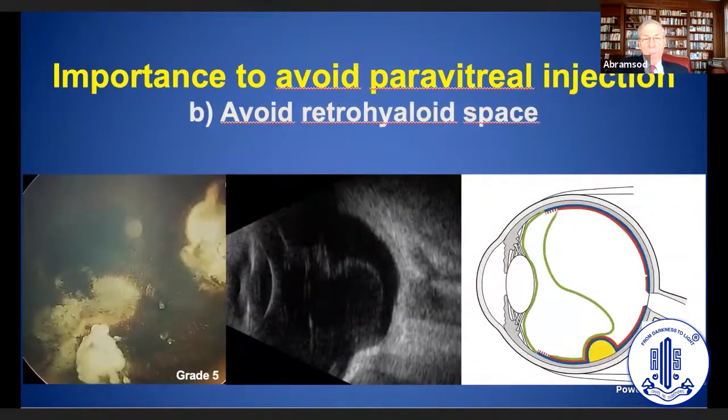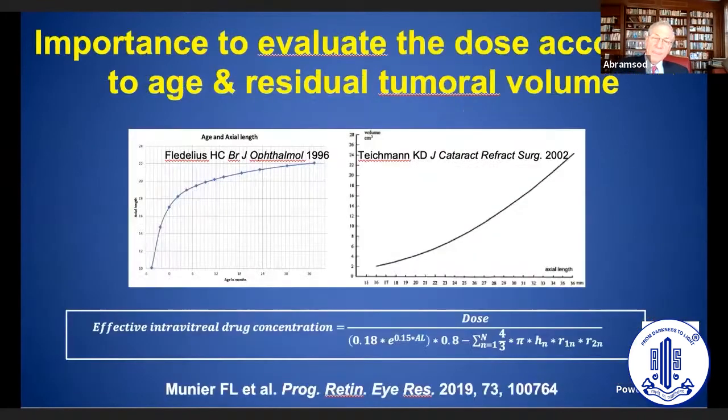Here is also a major complication, grade 5, by injection in the retrohyaloid space, where you end up with this devastating effect. Now, a last thing to consider is the final concentration, which is dependent on age, the vitreous volume, and also on the remnant tumor volume in these eyes.